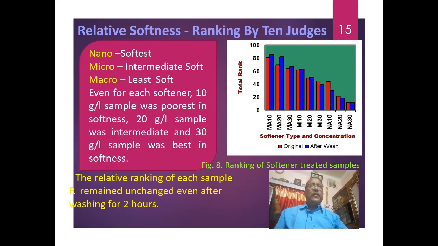If we see figure 8, which shows ranking of softener treated samples before and after washing for 2 hours, it can be seen the total ranking has not changed much. That means softness is in all cases quite fast.